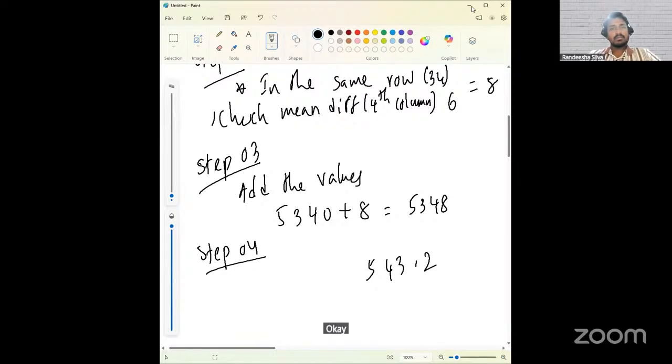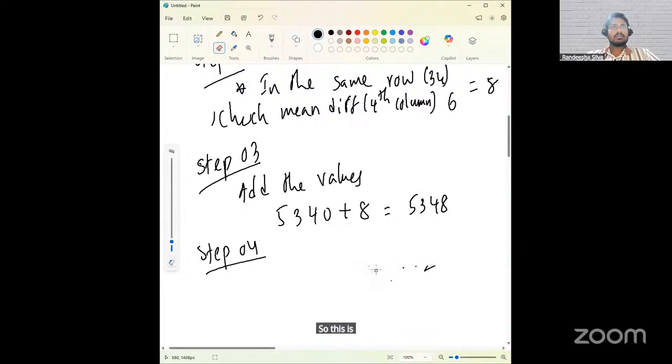Okay, then in here, the characteristic is 0, because we only have one digit before the decimal point, right?